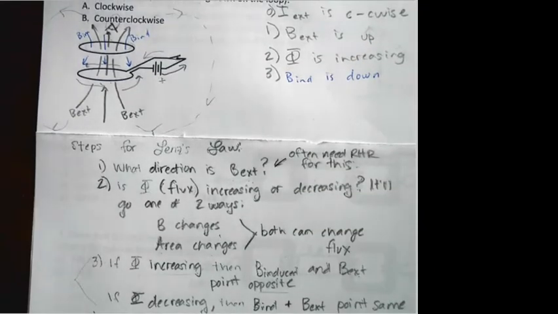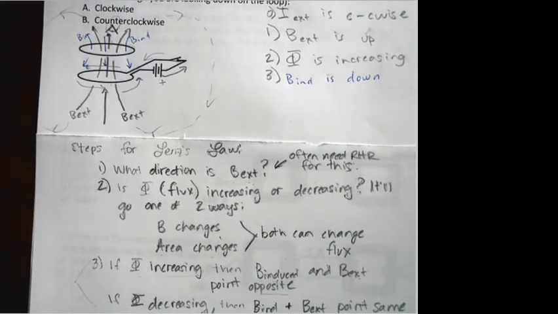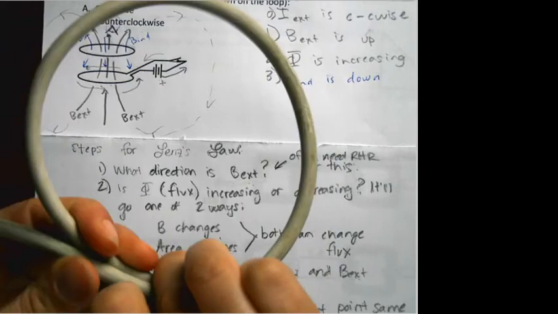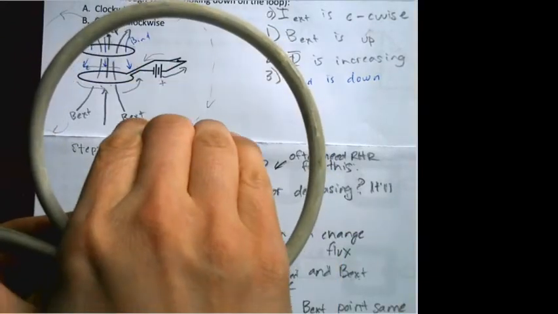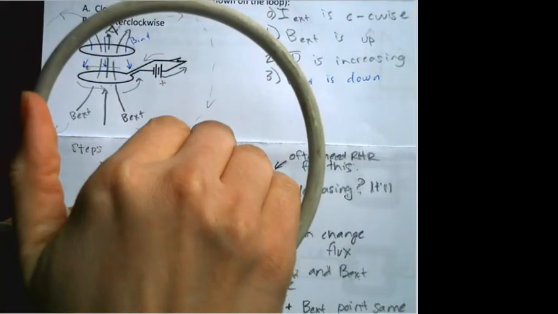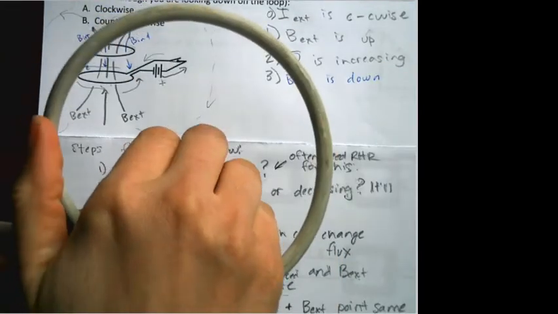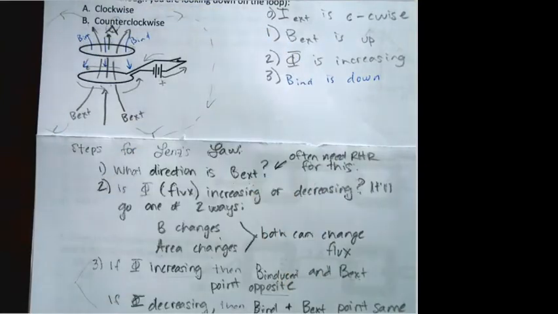Now we're going to use our right hand rules to find how we get it to point down in the middle of the page. I want down, so my fingers go down in the middle of the loop, and the way that my thumb wraps is clockwise. So the current is going around in this direction, because my thumb points in the clockwise direction.